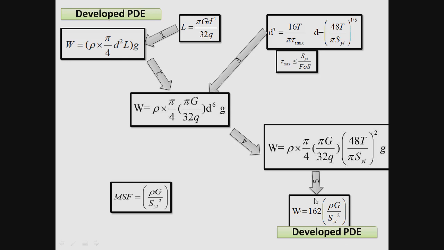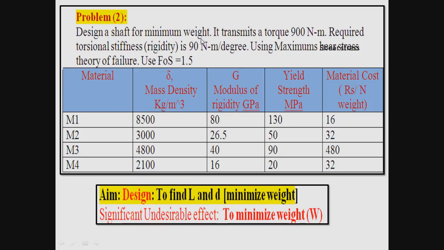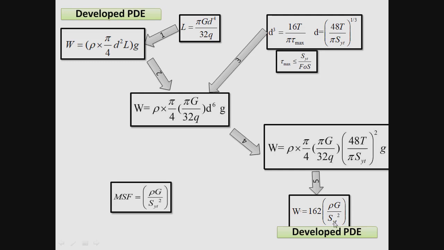This depends on the material factors. This is the material requirement, and these values totally depend on the material. So these values should be selected from the material, which will lead to the minimum weight. These values, that is rho, G and Syt, that is density, modulus of rigidity and Syt, we need to select of which material will lead to the minimum weight.